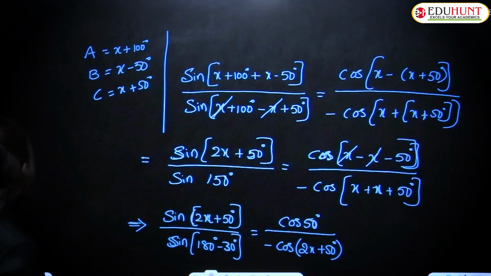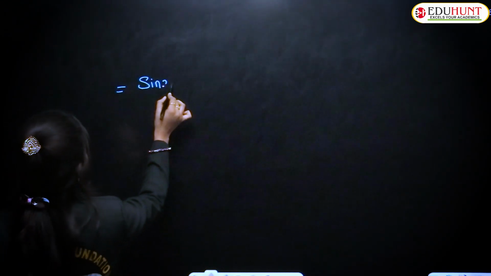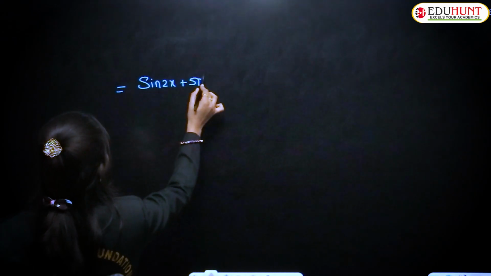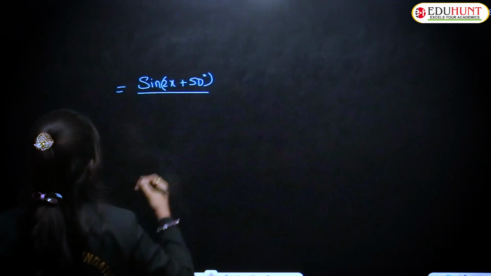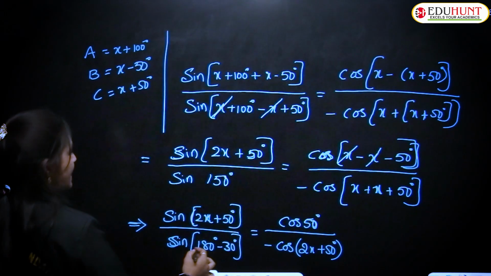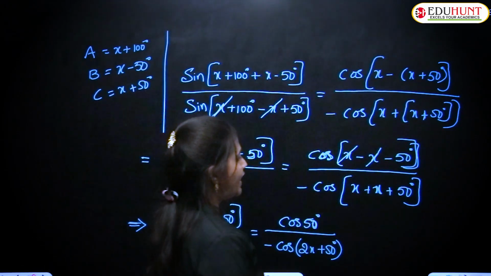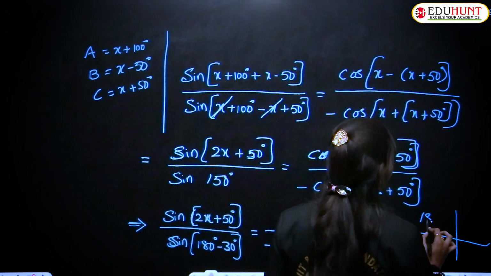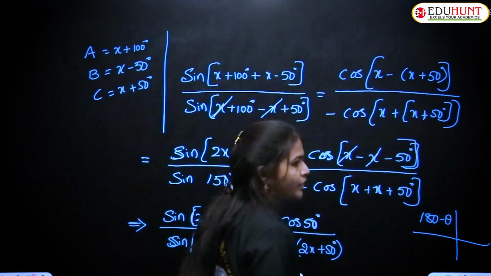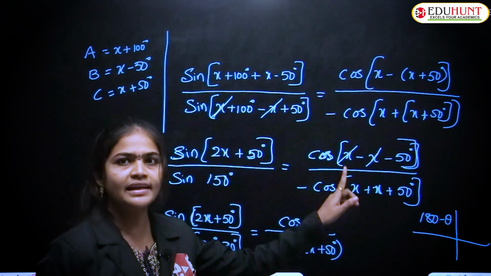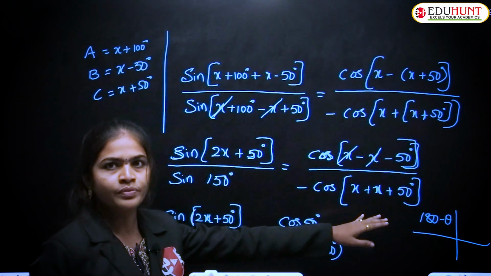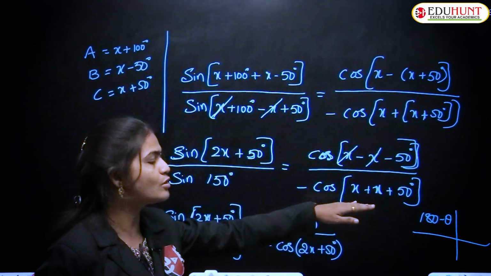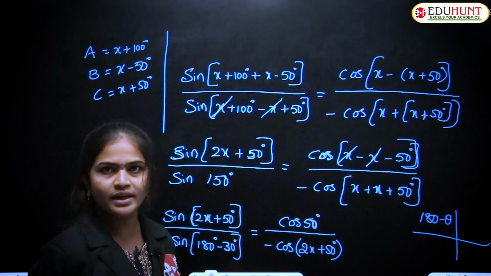So here sin of 2x plus 50 by here sin 180 minus theta. So 180 minus theta means that is second quadrant only. In second quadrant sine is positive, and here 180 means even multiple, so that's why there is no change in the trigonometric ratio.